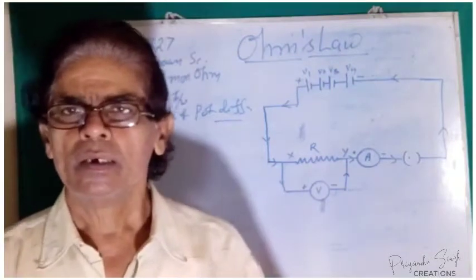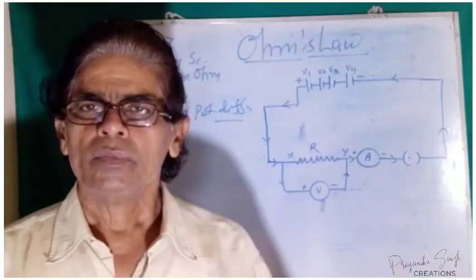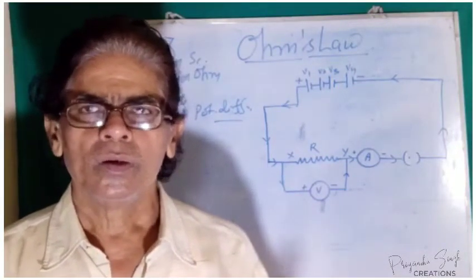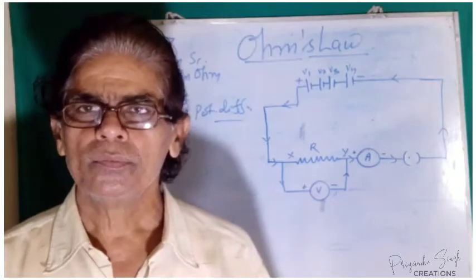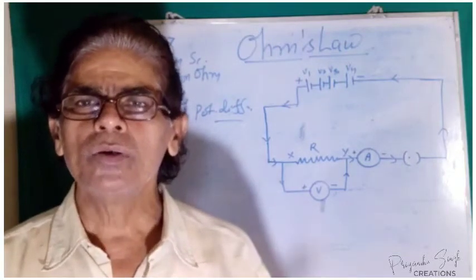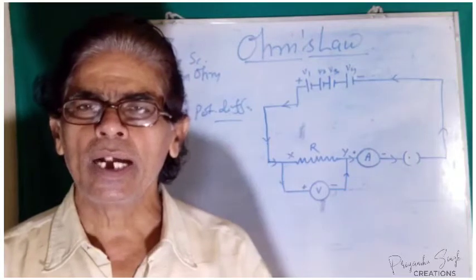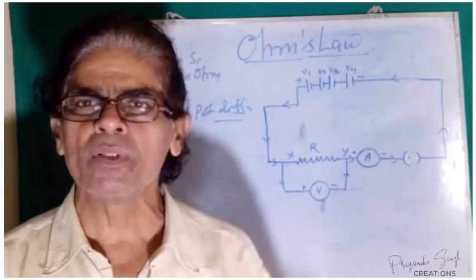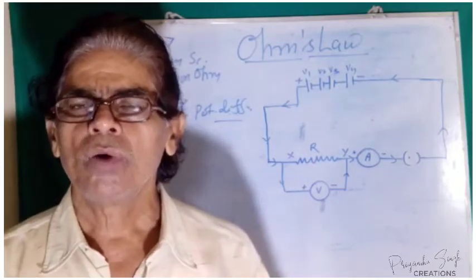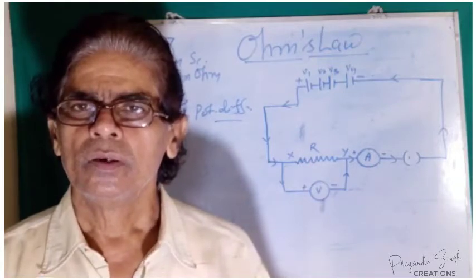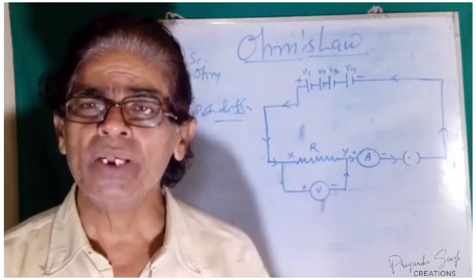Suppose that we have a conductor XY. We want to know the current passing and the potential difference between the two. What does it mean?